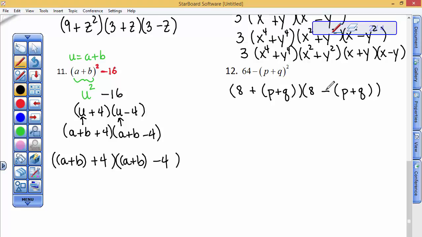However, over here, it matters. The minus sign is in front of this binomial. So when I clean that up and get rid of this set of parentheses, the p becomes a minus p and the q becomes a minus q, and now I'm done. So I've added, besides some really simple difference of squares problems, some really challenging problems.